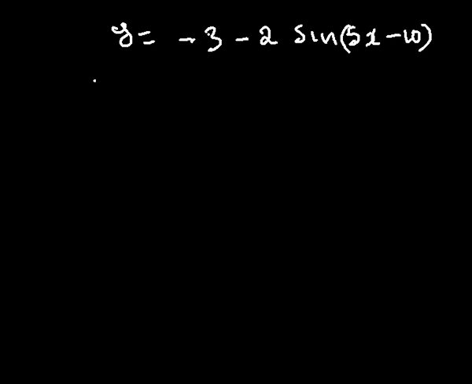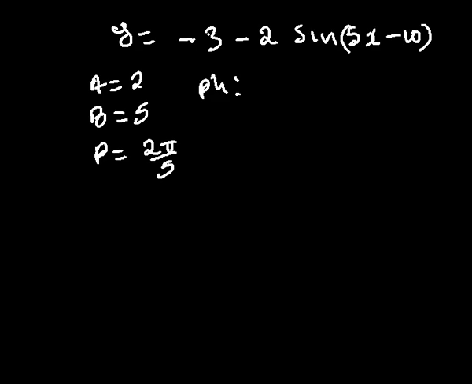So what is the amplitude? Amplitude is given as 2. And what is the coefficient of x? We have it as 5. Which means the period is given as 2 pi over 5. Then what is the phase shift? The phase shift is calculated by solving for x, so we equate the whole of this to 0.